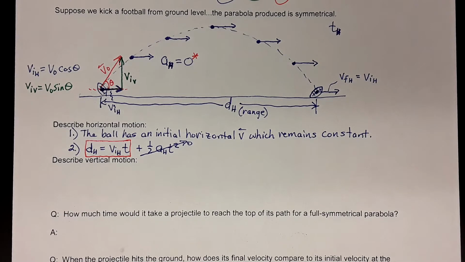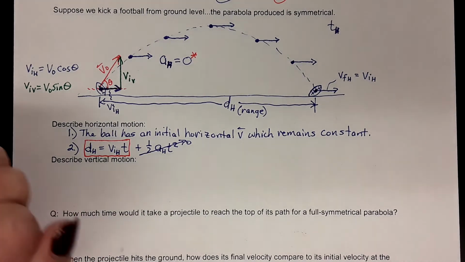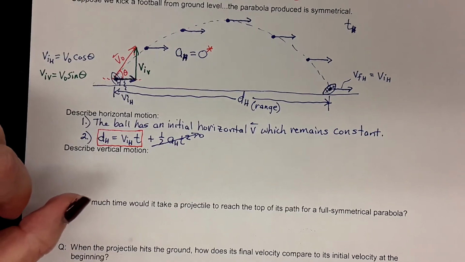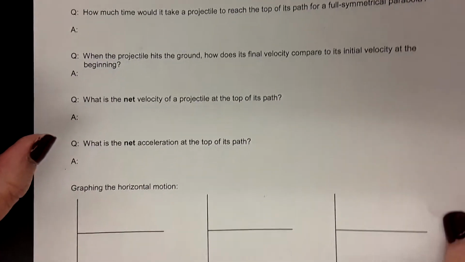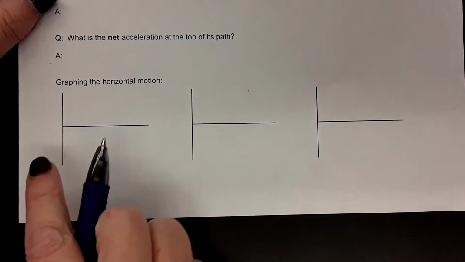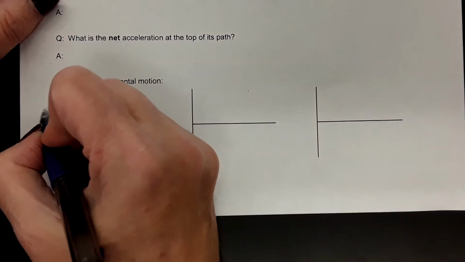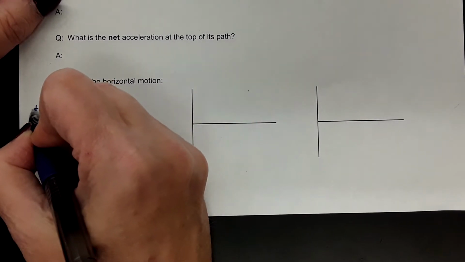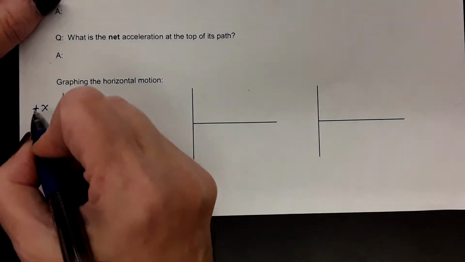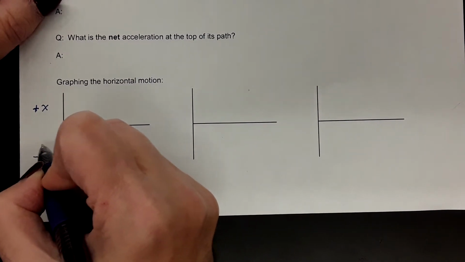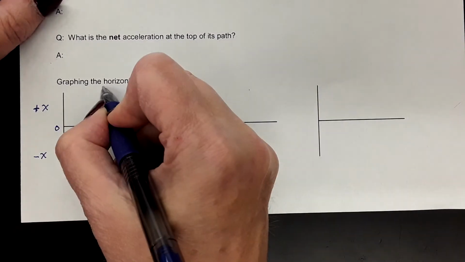Okay? All right. Now, if you'll shift down to the bottom while we're talking about the horizontal motion, let's look at the graphs of the motion. Okay? On the first axis, we're going to make this the position time graph. So we have the position in the x direction, positive x, and position in the negative x. This is horizontal. Remember?